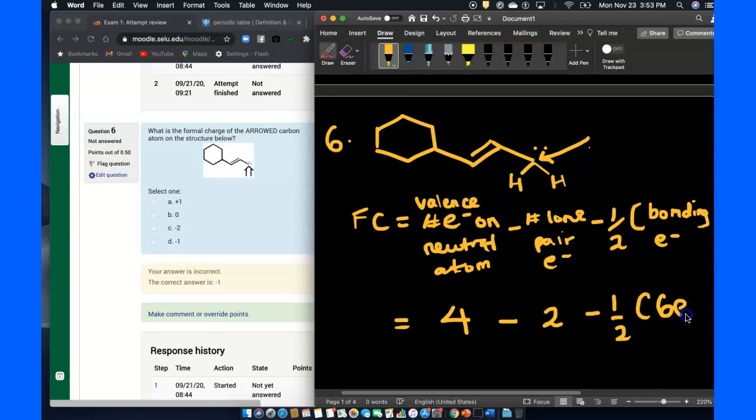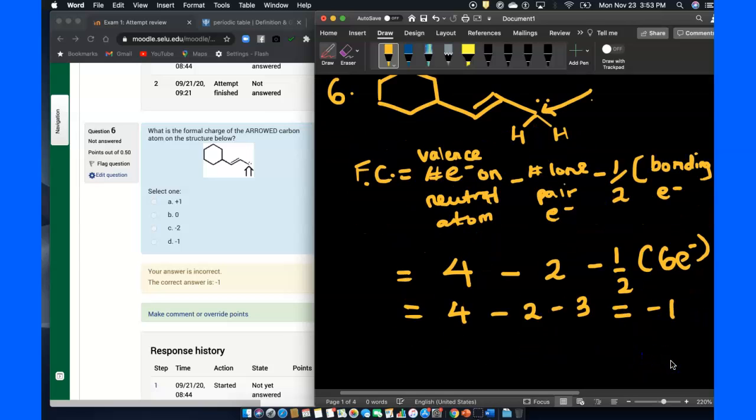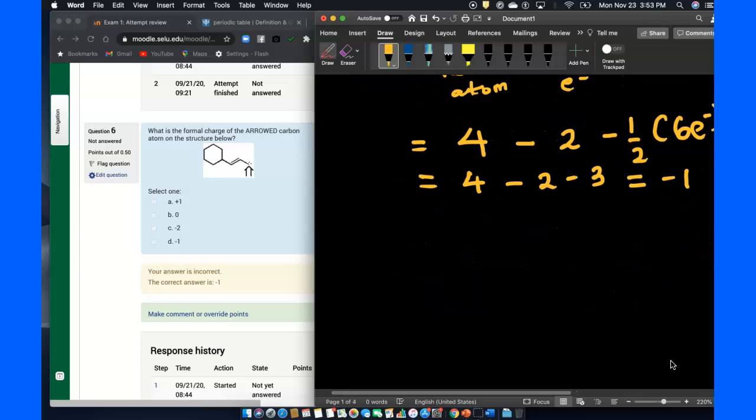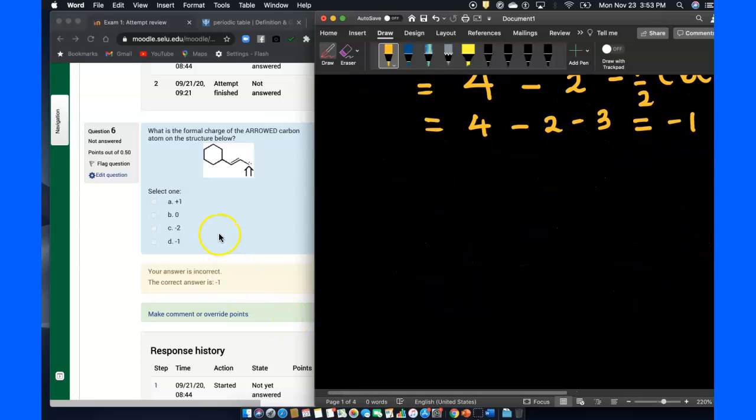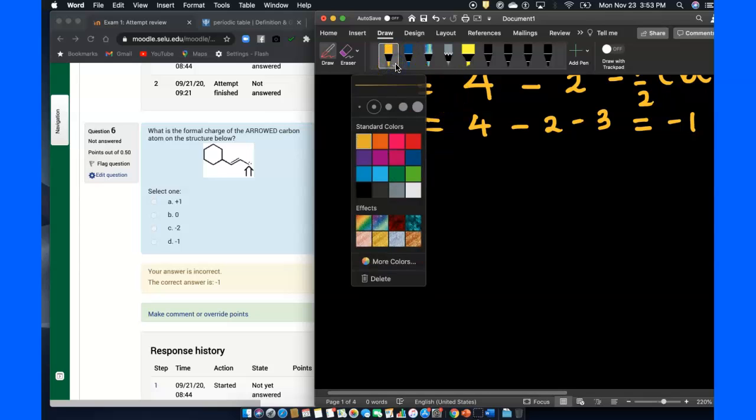Each bond is 2 electrons. So we get 4 minus 2 minus 3. The formal charge will be equal to negative 1. So that's why the answer was D on question number 6.